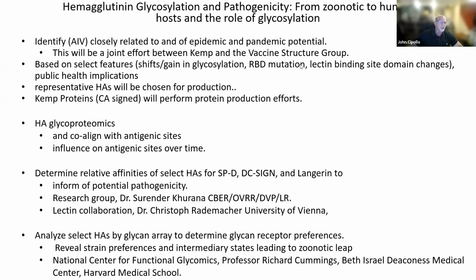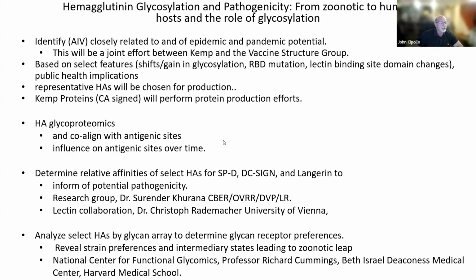Again, we'll be looking at the shifts in glycosylation, the RBD mutation, lectin binding site domain changes, and then we'll choose representatives. And we partner with a company up here in Frederick, Maryland, to produce these. And we have our first samples on hand, and we're running some of those now.